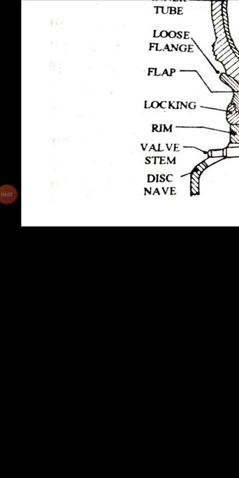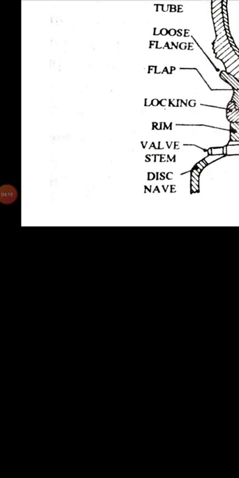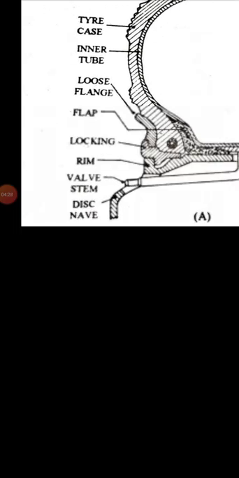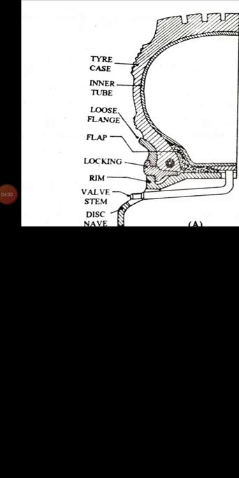The rim is used to support the tire. That is the main function of the rim. This is the valve stem, from which we can insert air inside the tire.